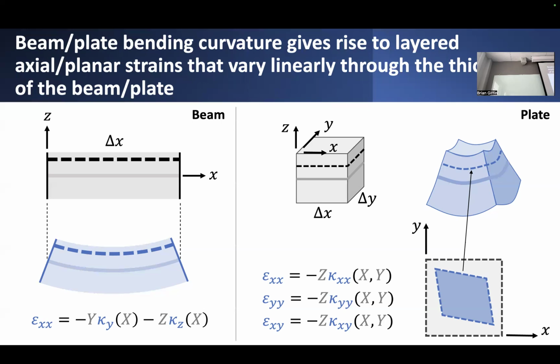So the strain in the x, strain in the y, and shear strain of this mid-surface are all assumed to be zero. But if I look above the mid-surface, now I might start to develop different components of strain. I might have epsilon xx strain, so it might be contracting in this direction. I might have epsilon yy strain, it might be contracting in that direction, and it might also be shearing.